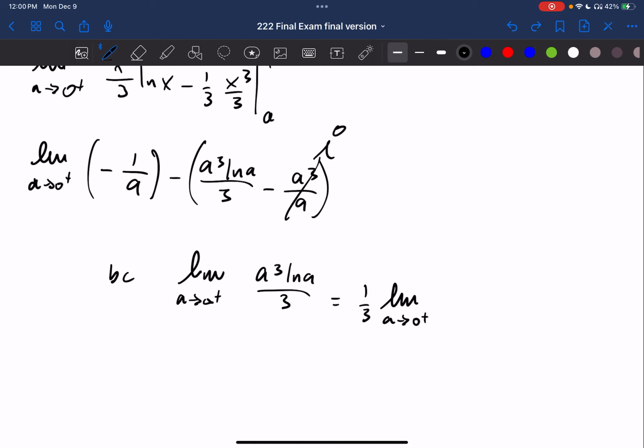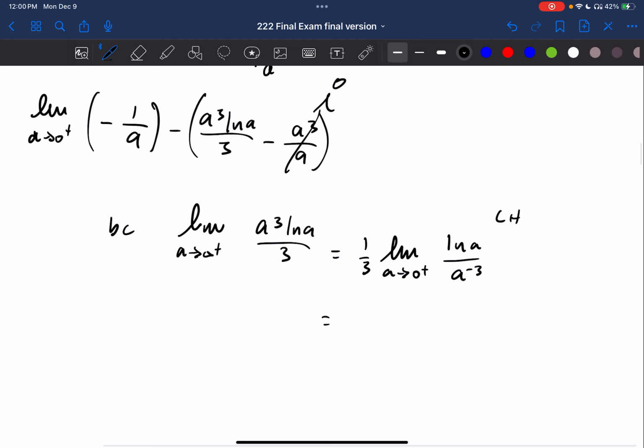We can rewrite this as ln a divided by a to the negative 3. We want to rewrite this because then we can apply L'Hopital's rule to find the limit. This will be equal to 1/3 times the limit as a goes to 0 from the right. The derivative of ln a is going to be 1 over a, divided by the derivative of a to the negative 3, which will be negative 3 a to the negative 4.